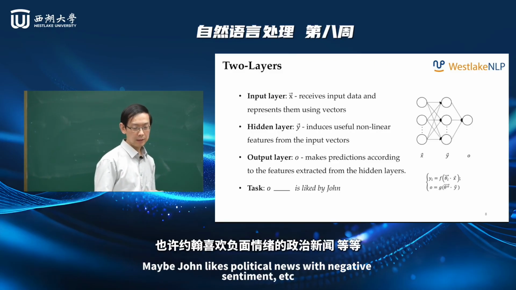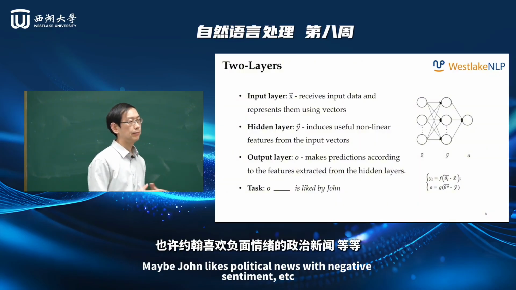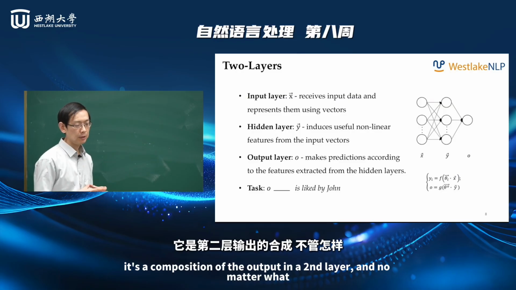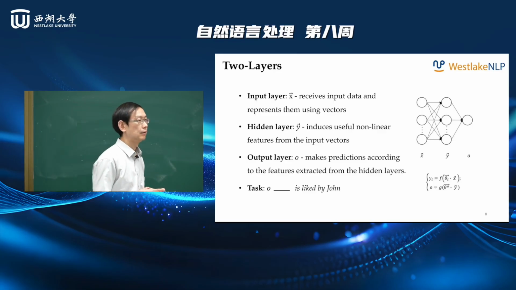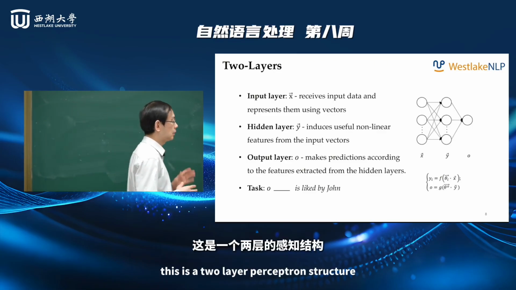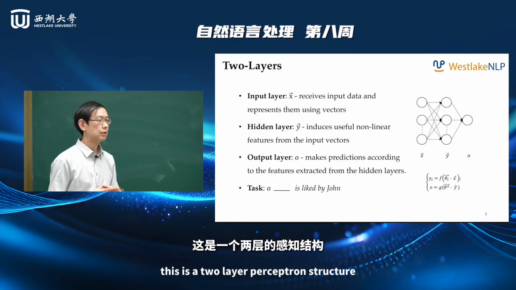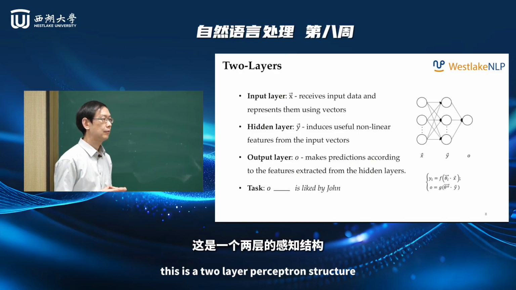Maybe John likes political news with negative sentiment, etc. So it's a composition of the outputs in the second layer. And no matter what, this is a 2-layer perceptron structure.